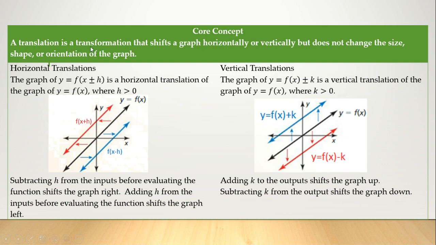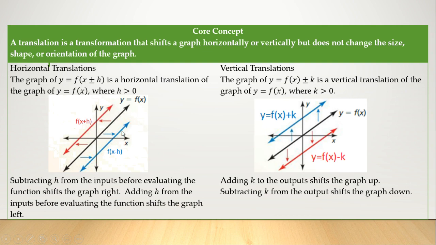The first transformation we're going to talk about is a translation. A translation is a transformation that is going to shift a graph horizontally, left or right, or vertically, up or down, but does not change the size, shape, or orientation of the graph. In the middle of these graphics, the black line represents our parent function, f of x.